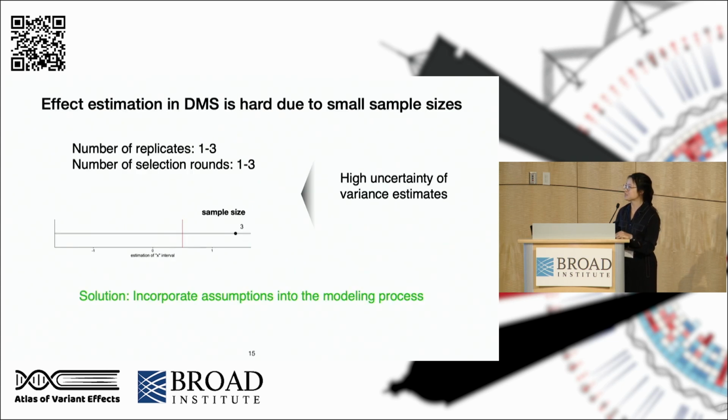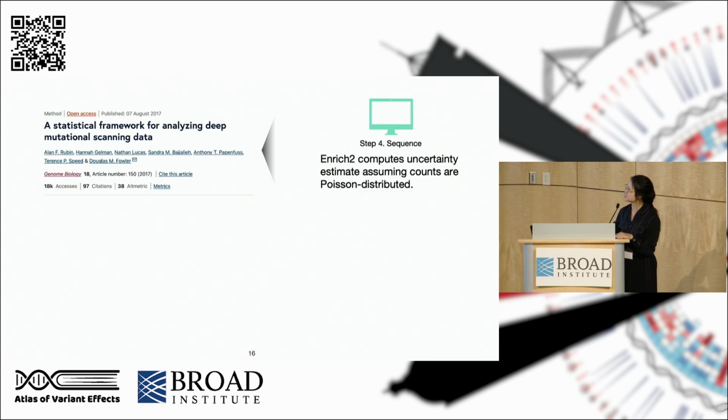So the solution is to incorporate more assumptions into the modeling process. There are some amazing papers published earlier. For example, Enrich2 computes uncertainty estimates assuming counts are Poisson distributed. But we mentioned that just by the sequencing step, you can introduce a more than Poisson distribution.